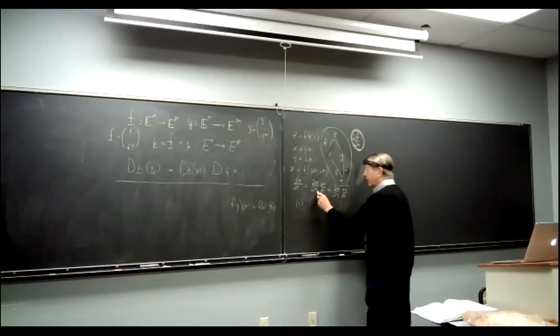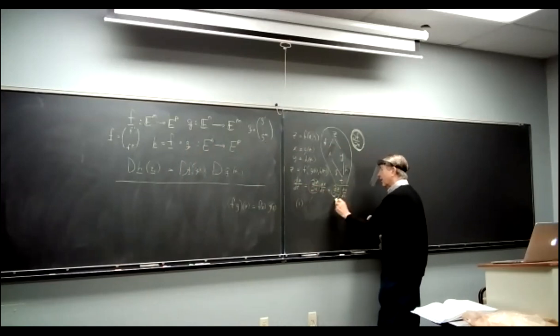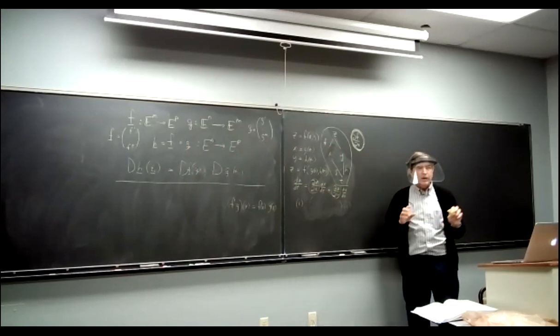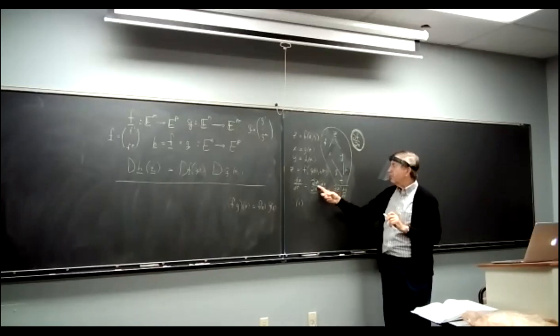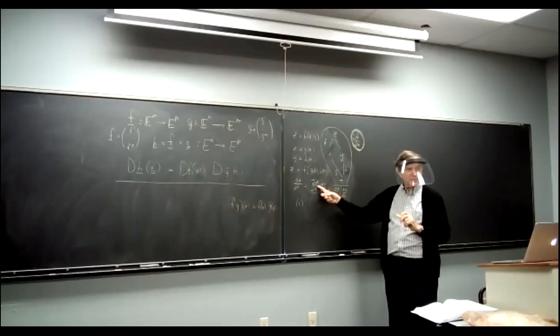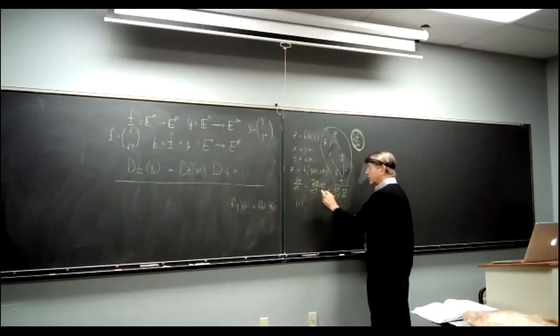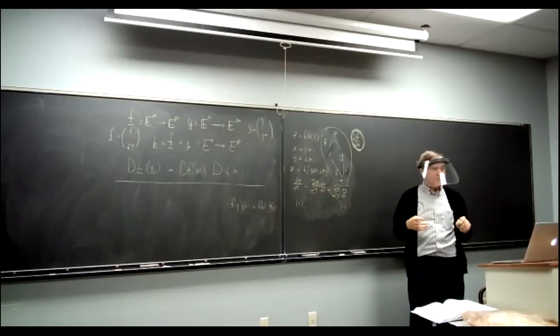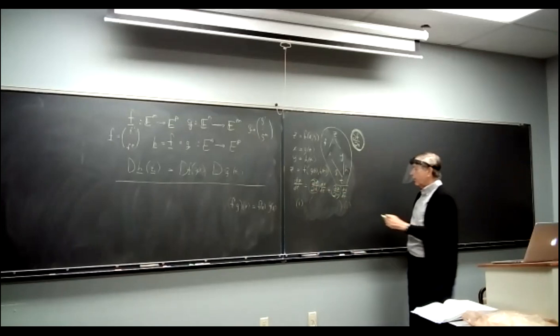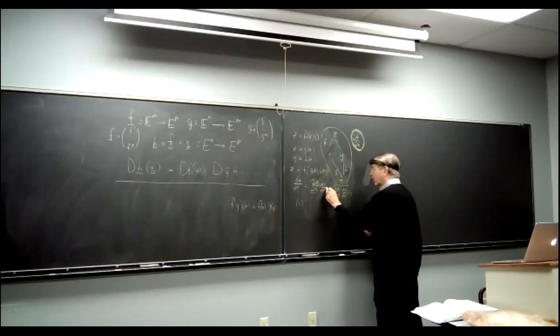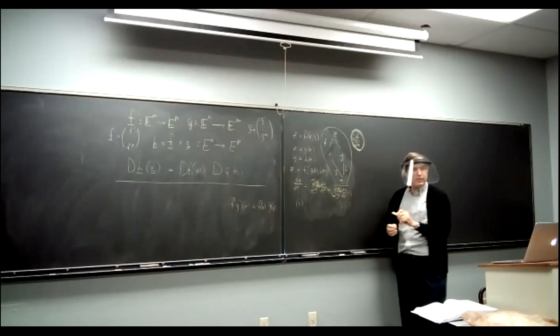Because this one and this one are hiding the fact that they are compositions. These are functions of 2 variables. If you put 1 here, you're just making a dumb mistake, because that function is not a function of 1 variable. So you'll put the 1 here and you'll put the 1 here, but here you will put G of 1 and H of 1, and here you'll put G of 1 and H of 1.